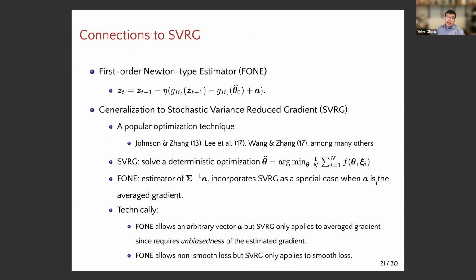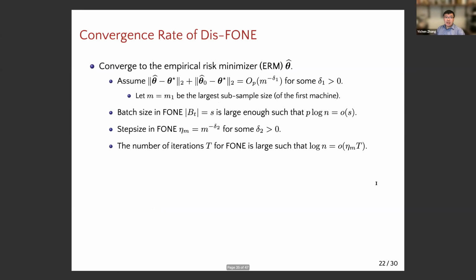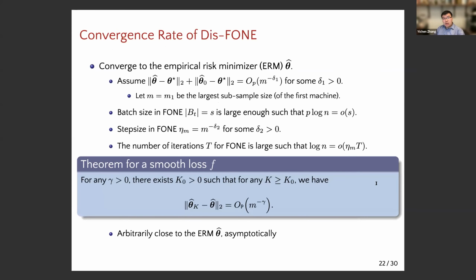I also want to say that it is closely related to the SVRG, as you may have heard, but technically it can be considered as a generalization. We can show that under some assumptions, this method can be easily done in a distributed setting because everything is a summation.